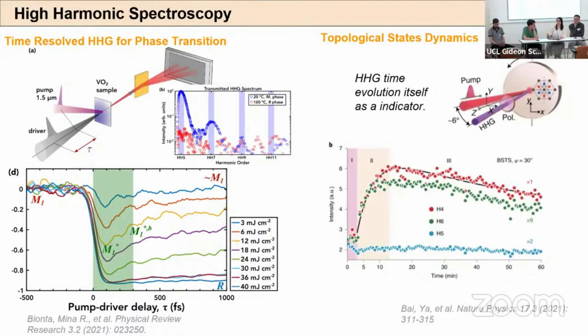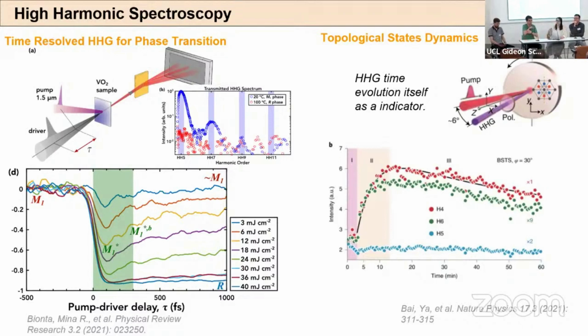So here I just pulled out two recent, two-year-old papers where they were looking at the evolution of the high harmonic spectrum with time, where they were probing the solid with a different pulse to start this phase transition. And even though maybe we're not yet on the timescales that are possible in some of the Attos experiments, there have been results here showing time-resolved high harmonic generation.